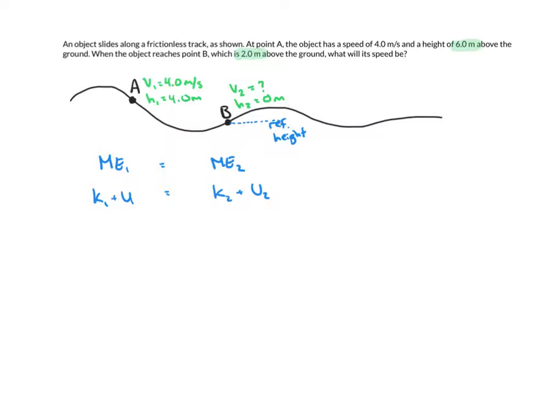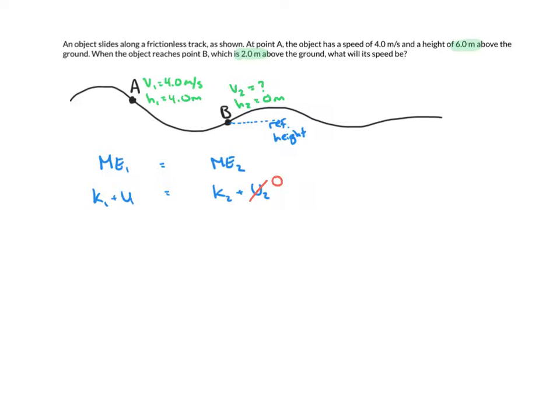With H2 being 0, that's going to allow me to cross off U2. If the height at point 2 is 0, then the gravitational potential energy at point 2 is also 0. That's the only 0 that we have.